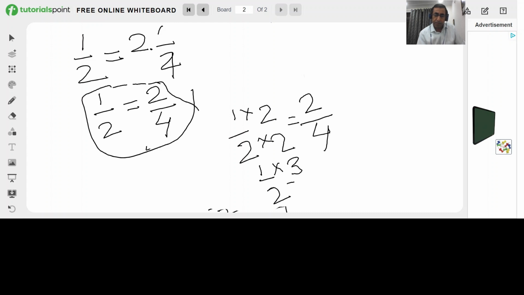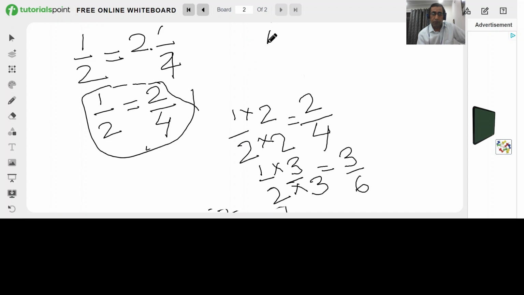If we multiply and divide a quantity by the same number, its value is not going to be changed. So its value will be 3 by 6.